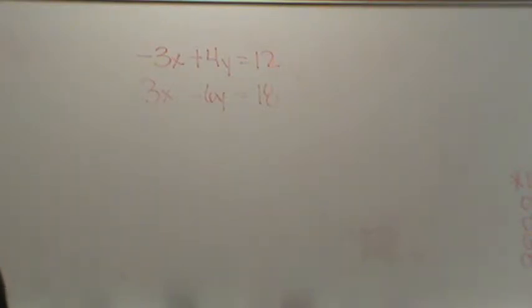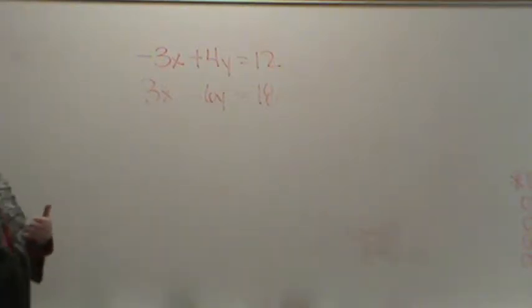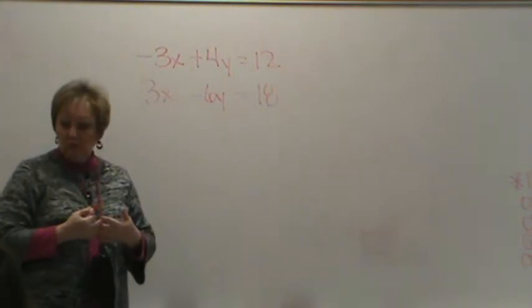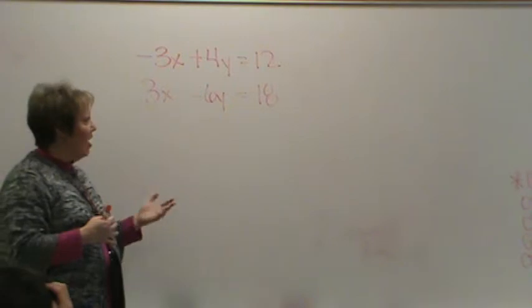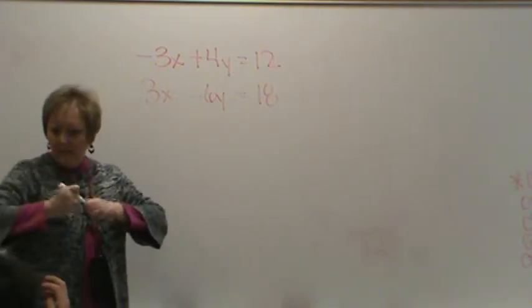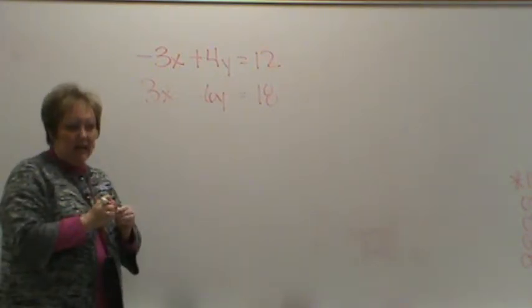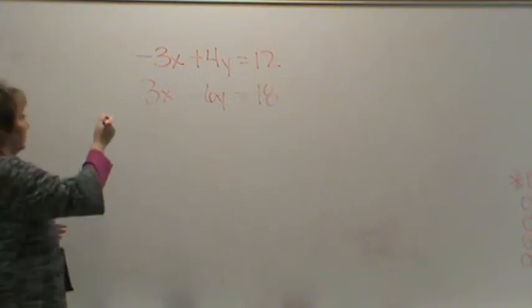Do I have a pair of exact opposites? Negative 3x and 3x are exact opposites. So if I could eliminate those two x's, then I could solve this system for y and substitute to find x, which is what I'm going to do.